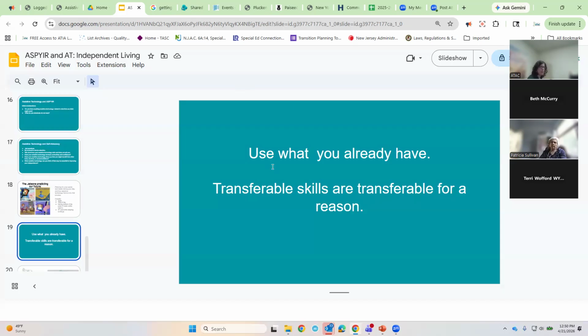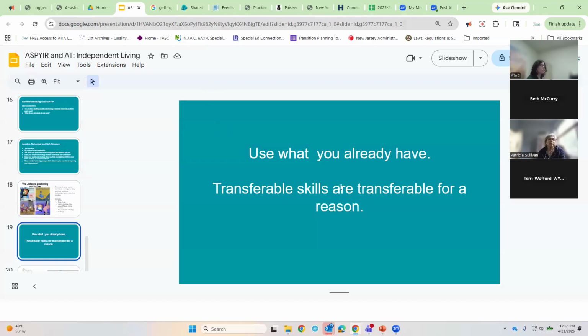And finally, this idea that transferable skills are transferable for a reason, okay? The idea of transferable skills is used very often within the disability services space, no matter what you're doing when you're assisting people with disabilities.